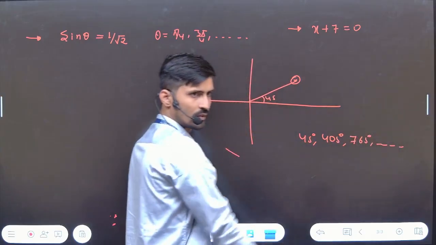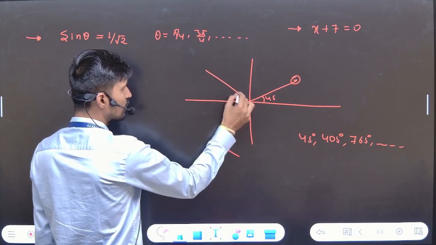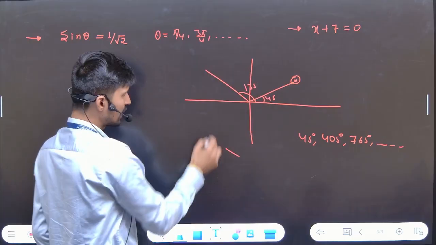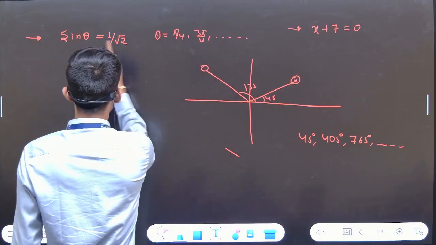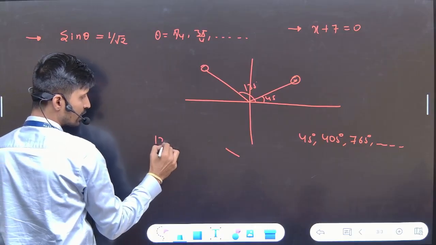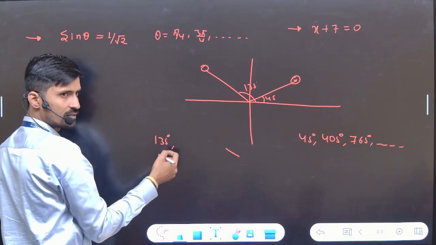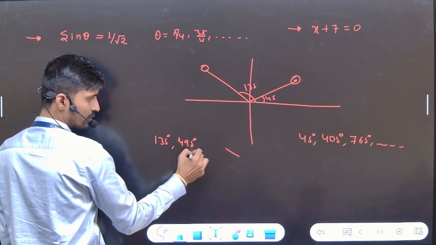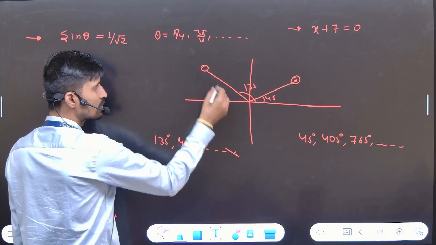So a lot of angles will be there. Now if we go to this side, 135 degree. The first angle you will get in the second quadrant, where sine theta is 1 by root 2, is 135 degree. The second angle, add 360, is 495 degree. Add 360 again, and so on. Why are we adding 360?